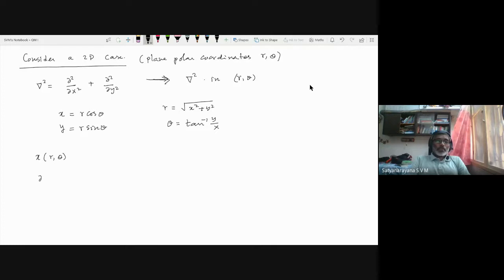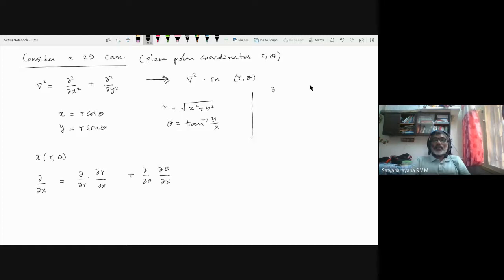So x is a function of r comma theta, and I can write del by del x as del by del r into del r by del x plus del by del theta into del theta by del x. Now I have already written down r and theta, so let's try to get them here.